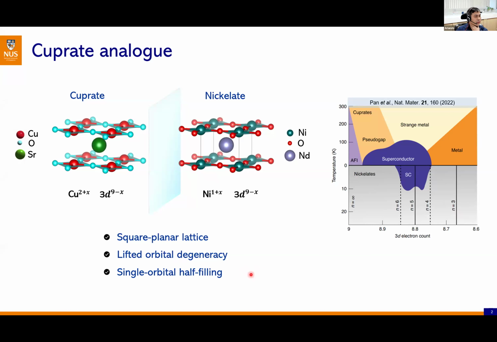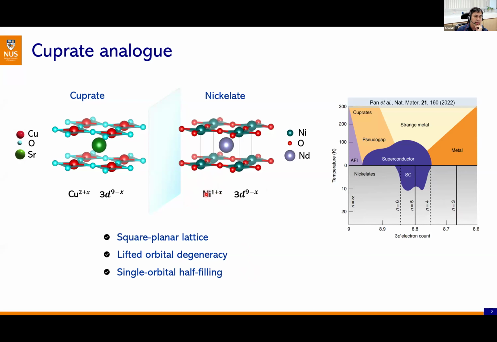To try to understand the different competing orders that we have in cuprates leading to the high Tc superconductivity, we have been talking a lot about trying to find an analog system in nickelate with this square planar lattice at the nickel 1+ state.